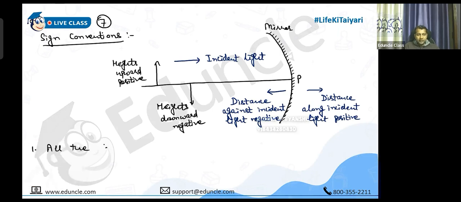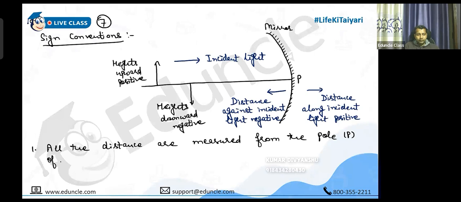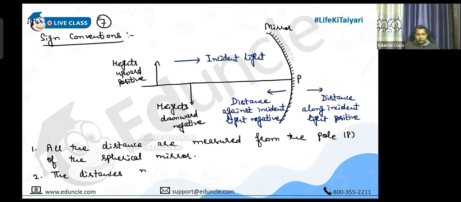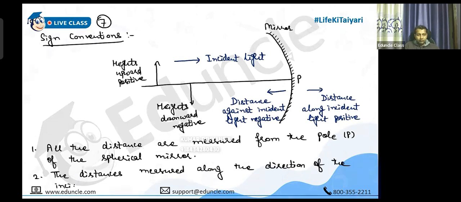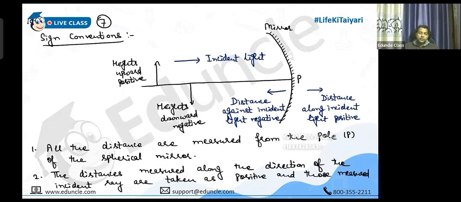And all the distances are measured from the pole. Please note down. And those distances opposite to the direction of the incident ray are taken as negative.